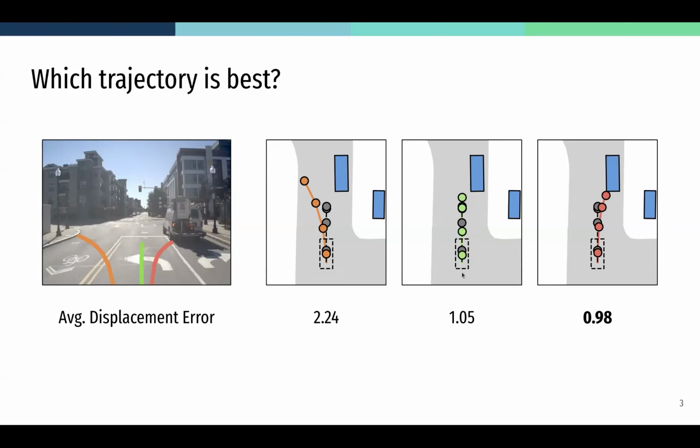This is because the point at which the driver slows down in the ground truth, these gray dots, is different from the point at which the model being evaluated decides to slow down, leading to displacements between the predictions at specific time steps. Even though both trajectories are maybe equally correct, there is a large displacement error between them.